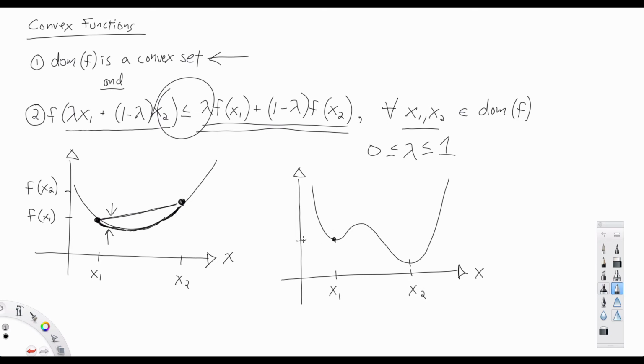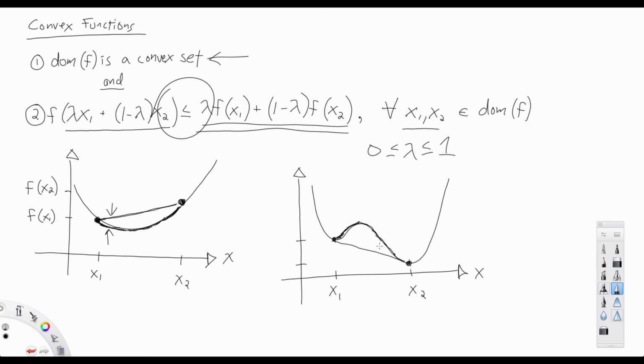Here is f of x1, here is f of x2, and we need to compare the actual function value along this curve between x1 and x2 against a line that connects these points x1 and x2 in the space that includes the output of f.